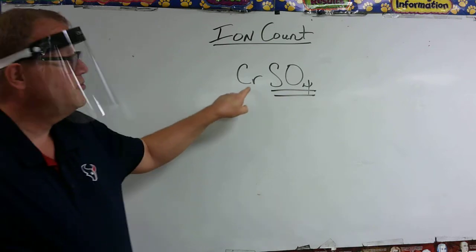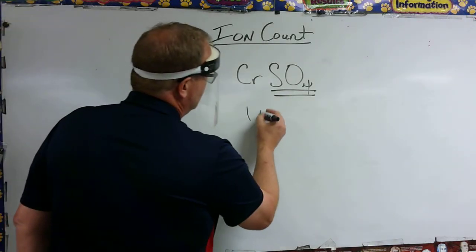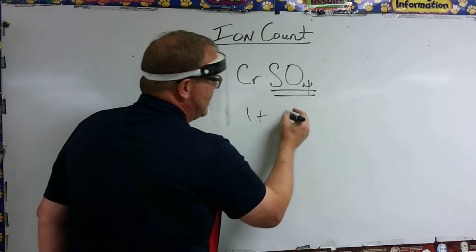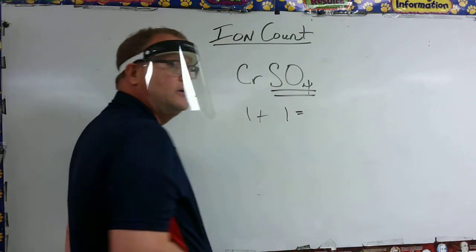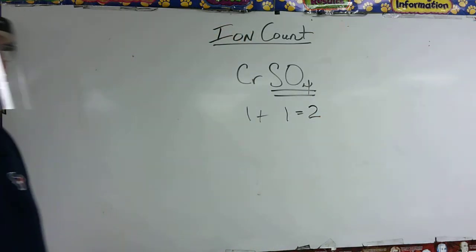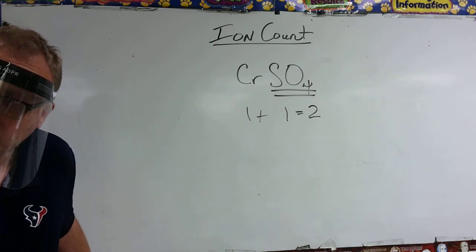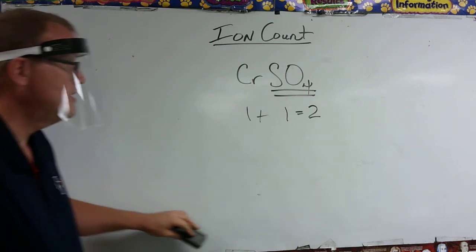So this is going to be 1 chromium ion, positive, plus 1 sulfate ion, which is another 1. This is 2. If they cancel out, it's going to be 1 plus 1 is 2. Okay? Got to be careful with it. Any questions on that? It's not too bad.